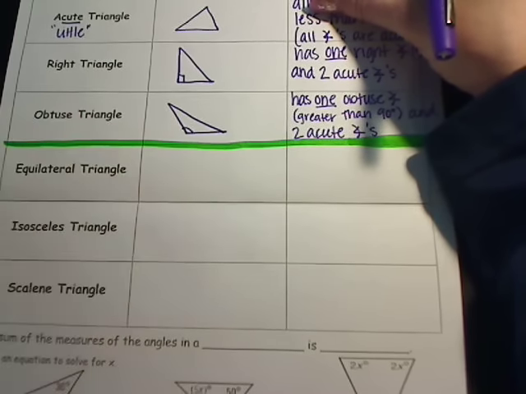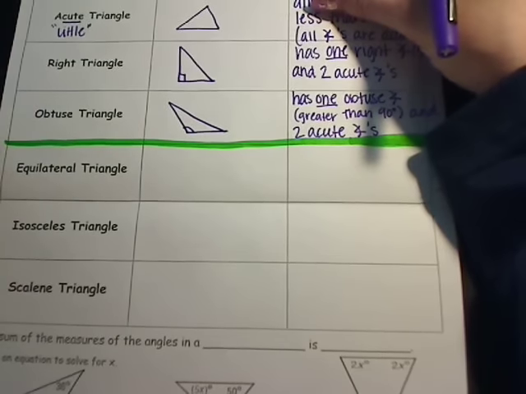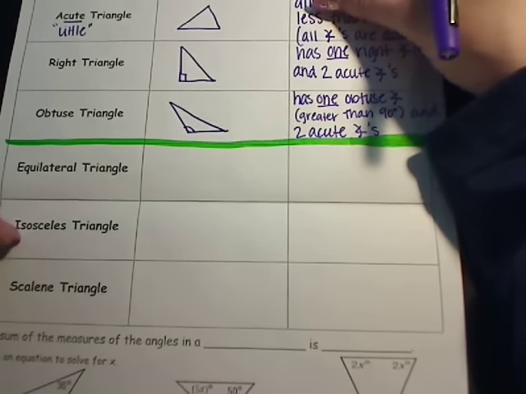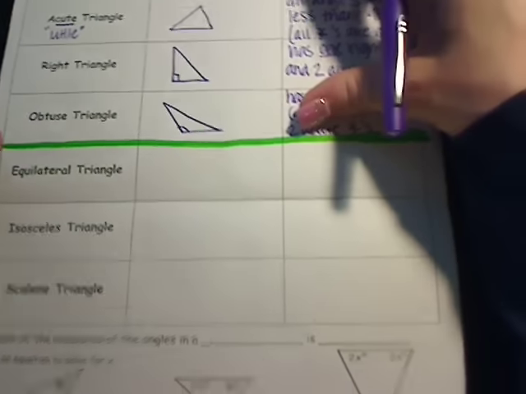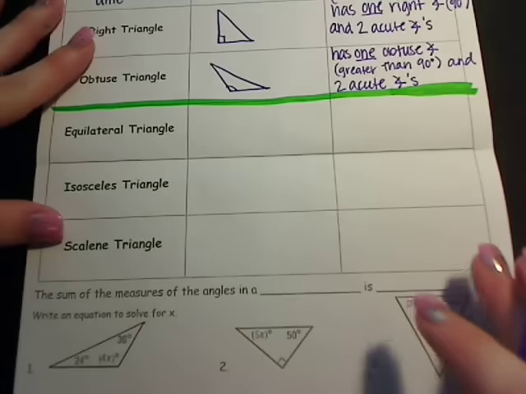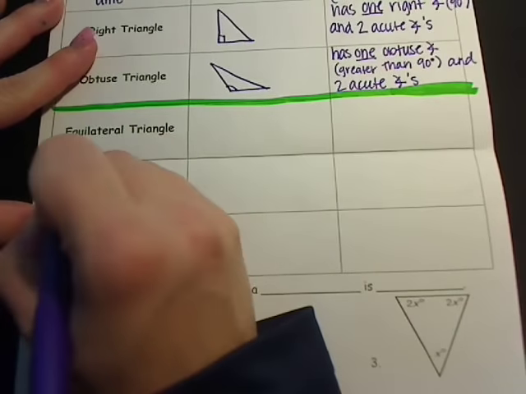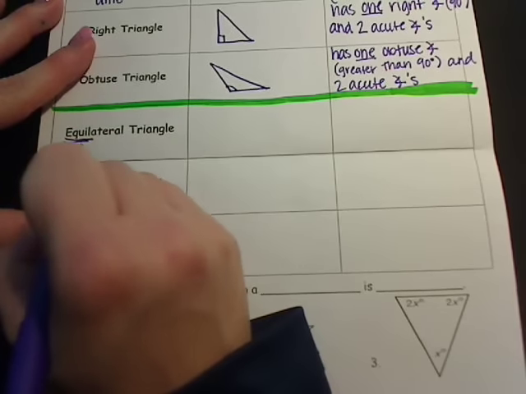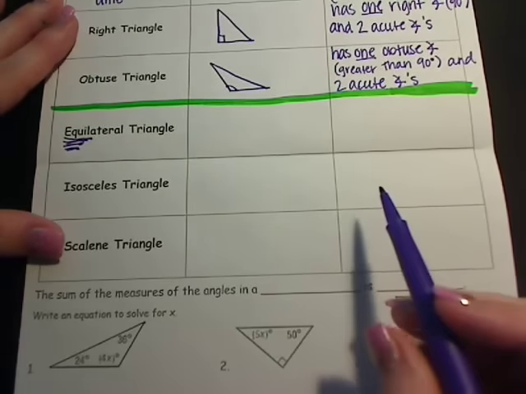And the other way that you could classify this would be equilateral, isosceles, or scalene. In an equilateral triangle, the word equal is in equilateral.